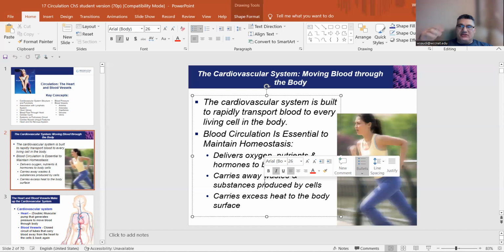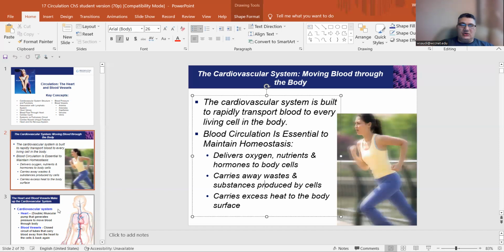On the other hand, if it's getting cold, you will see that your skin is kind of pale, and sometimes it's bluish or purplish, which means that the blood vessels are constricting to keep your heat in, so that your body keeps the heat. Again, homeostasis. So these are the basics that you have to know. Since it's basics, you need to know it.